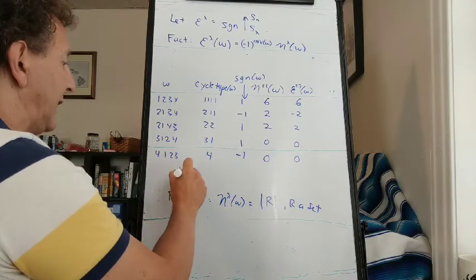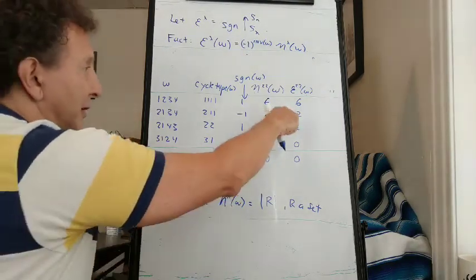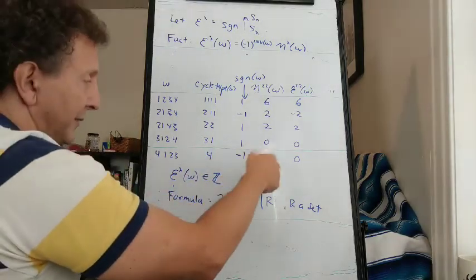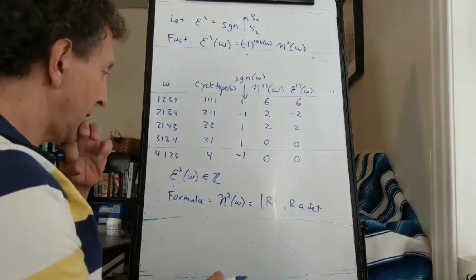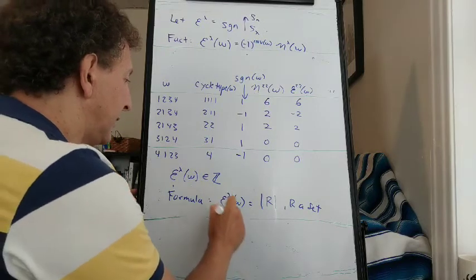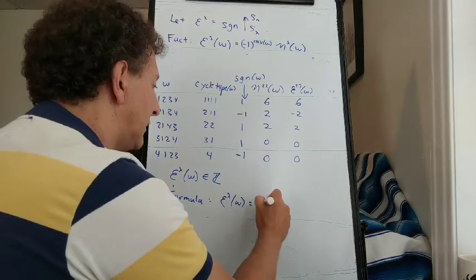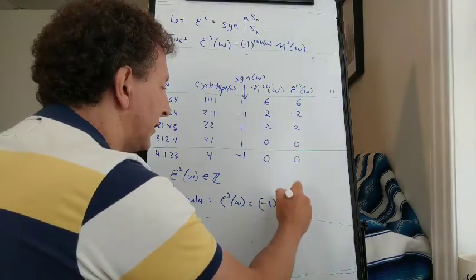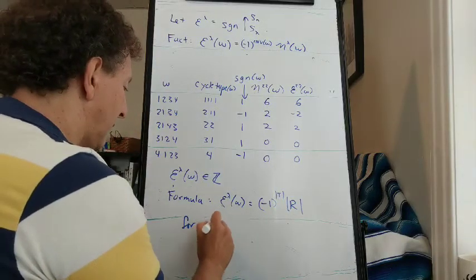Now we'll observe that eta lambda of W is an integer, not necessarily non-negative. We get a negative sign here, and we could have gotten a negative sign here had the absolute value not been 0. And the formula is -1 to the cardinality of one set times the cardinality of another set.